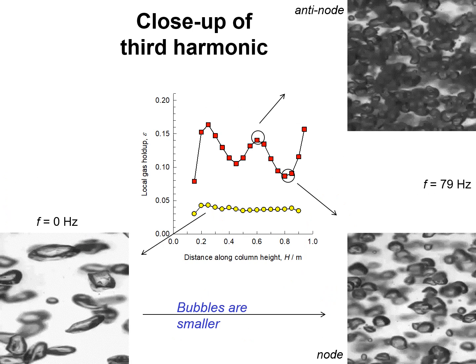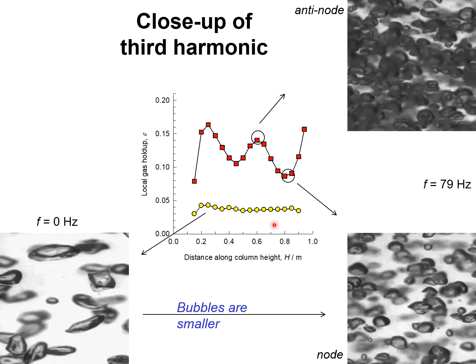We now examine the bubble column operations at the third harmonic in more detail. The local holdups along the height of the column are plotted here as a function of column height, and we see there are low holdup, high holdup, low holdup, high holdup, low holdup. The high holdups correspond to the antinodes, and the low holdups correspond to the nodes of the harmonic.